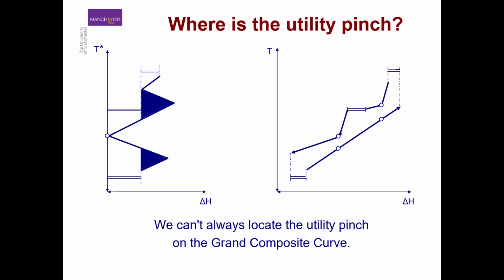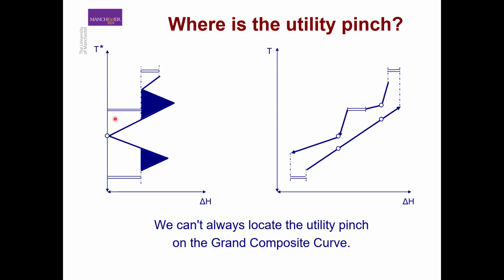However, sometimes when we make use of our utilities with our grand composite curve, it is not so easy to determine where the utilities may touch the grand composite curve. So consequently, defining those design regions that we need for the development of our heat exchanger network may not be quite so easily seen from our grand composite curve. So in this particular case, we have, for example, to make a balanced composite curve.